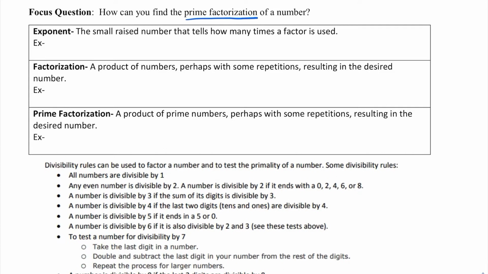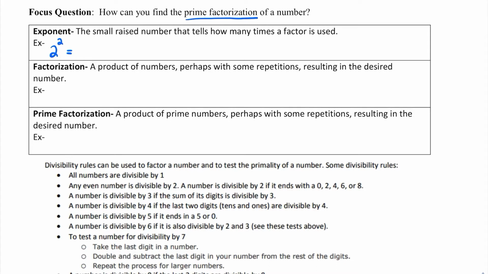Now the first word is called exponent, and it is the small raised number that tells how many times a factor is used. You guys have seen, I refer to them as small floating numbers in our previous lessons. So you guys have seen things like this, with a floating 2, and I read this as 2 to the power of 2, or I say 2 squared, which we've been saying in our covering and surrounding unit.